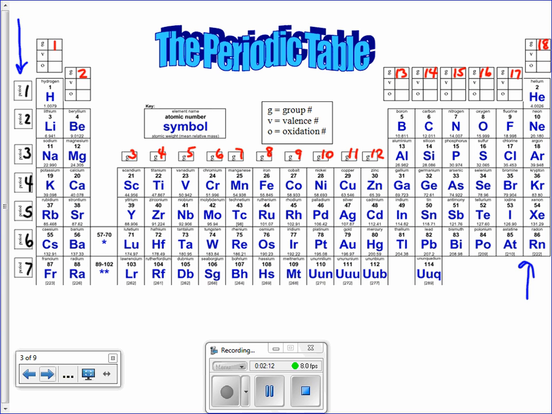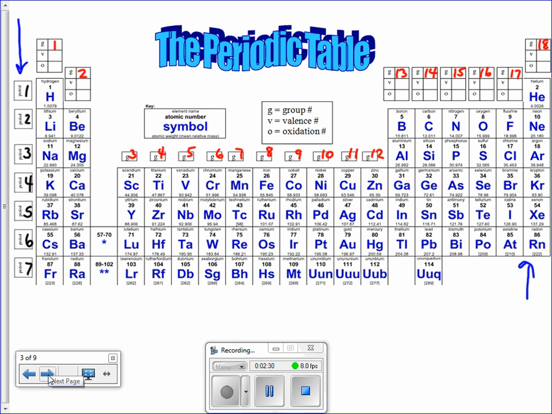This indicates periods as you go horizontally across, and this indicates the number of shells or energy levels that you have. You may want to pause it now to put on your different periods.